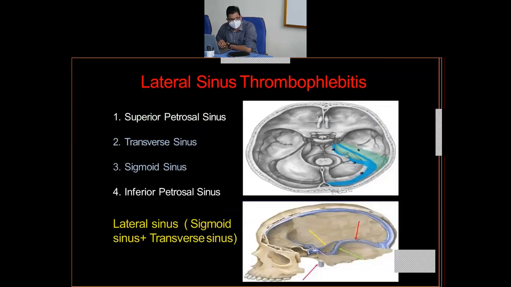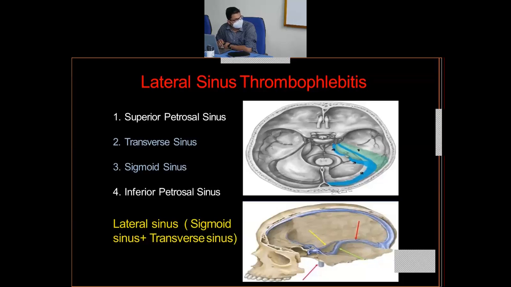Then one of the most common and dreaded intracranial complications of CSOM is lateral sinus thrombophlebitis or sigmoid sinus thrombosis. In lateral sinus thrombophlebitis, it may involve any of the sinuses. As you can see in the picture, number one is the superior petrosal sinus, two is the transverse sinus, third is the sigmoid sinus, and fourth is the inferior petrosal sinus.